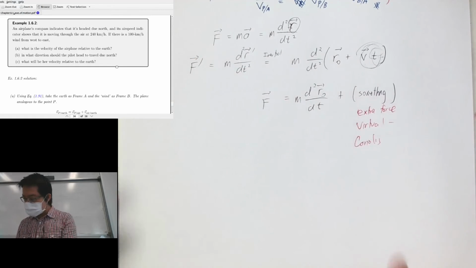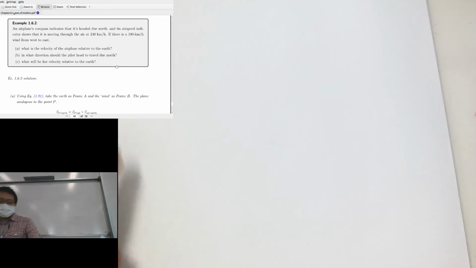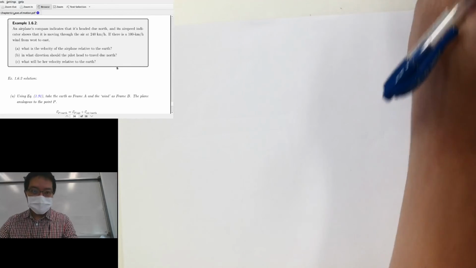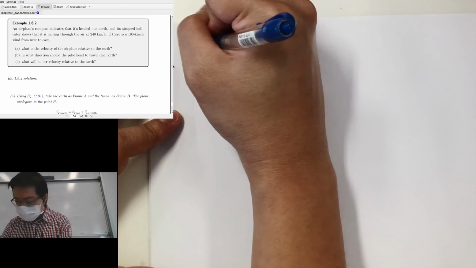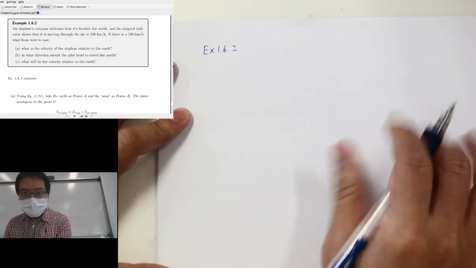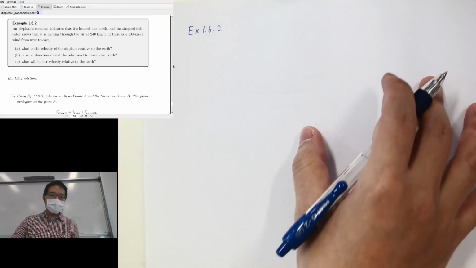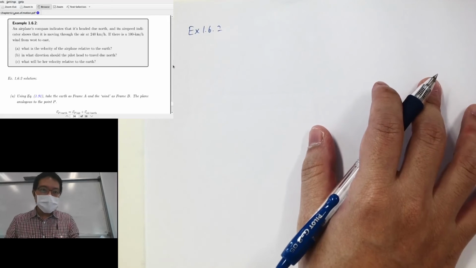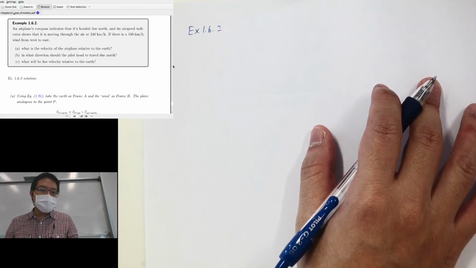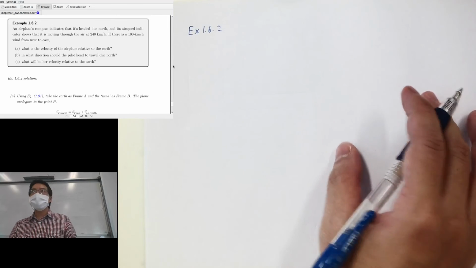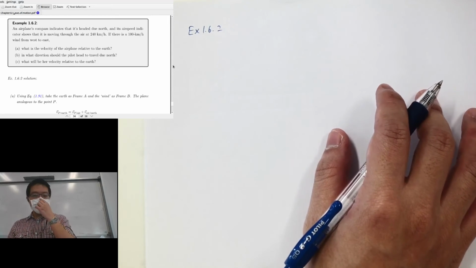Okay, so let's do a new page. We are in example 1.6.2. We have the airplane going north, and then the airspeed going this way, and then there's a wind blowing over the earth. For this type of question, how do you handle this?